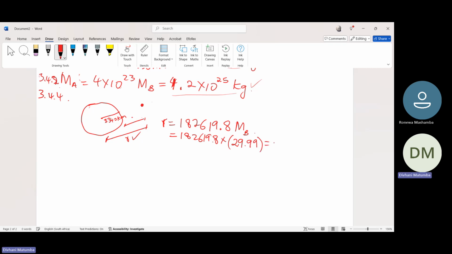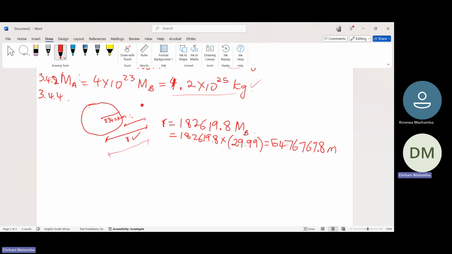So the value that I got is 5,476,767.8 meters. So that's the value we're talking about.